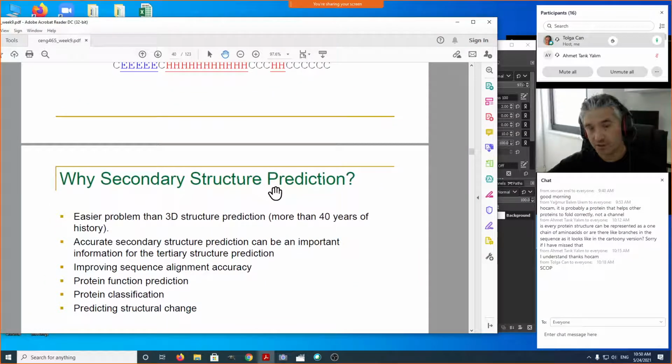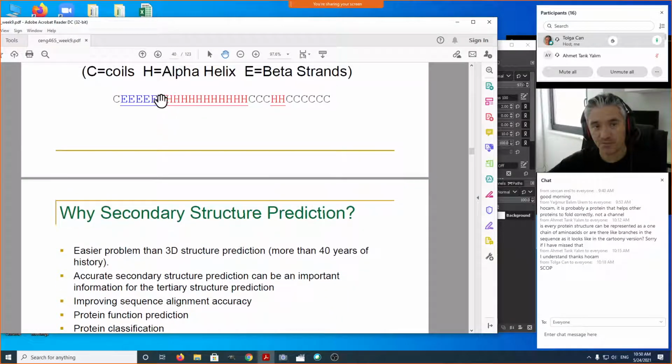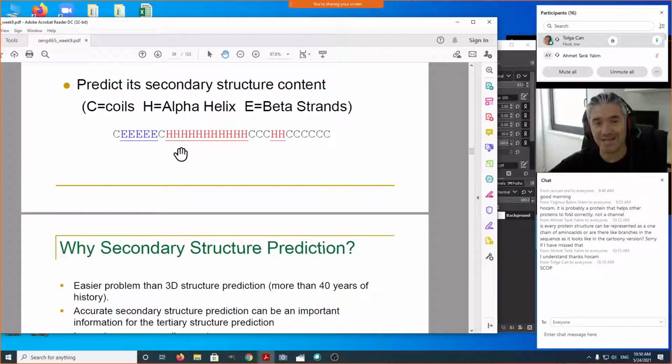Secondary structure is the first step to three-dimensional structure prediction, because after we find these, the next step is how they are oriented. The turns in between, you can use them as a degree of freedom. I mean, you can have more rotation in those turn parts to orient these secondary structures with respect to each other.